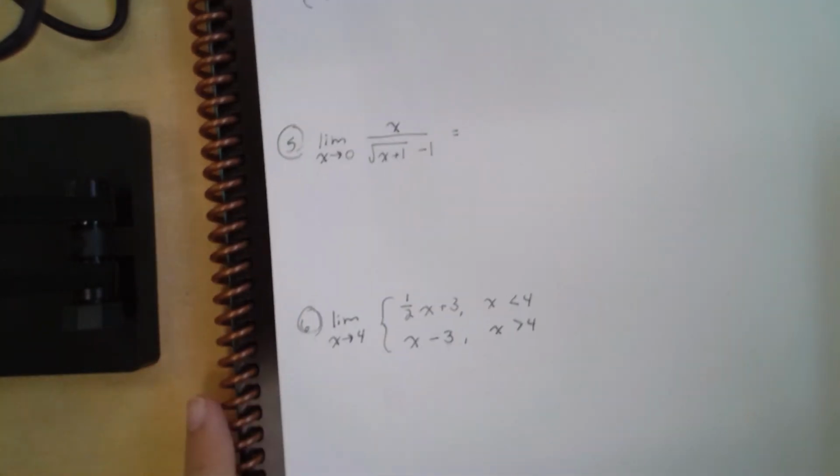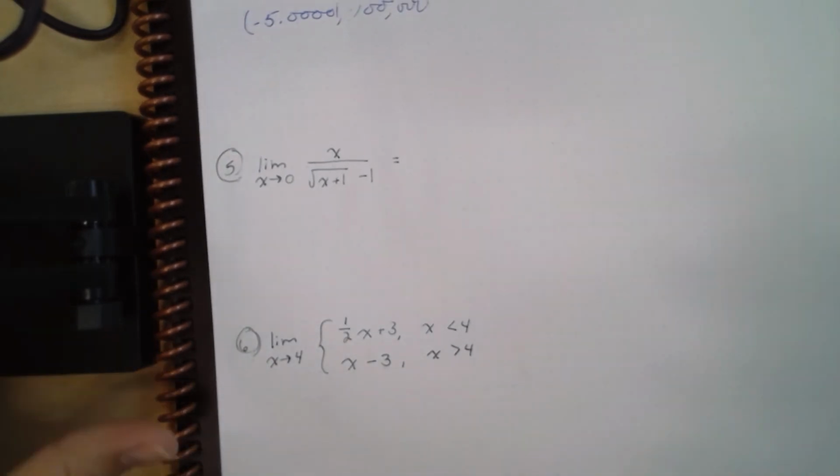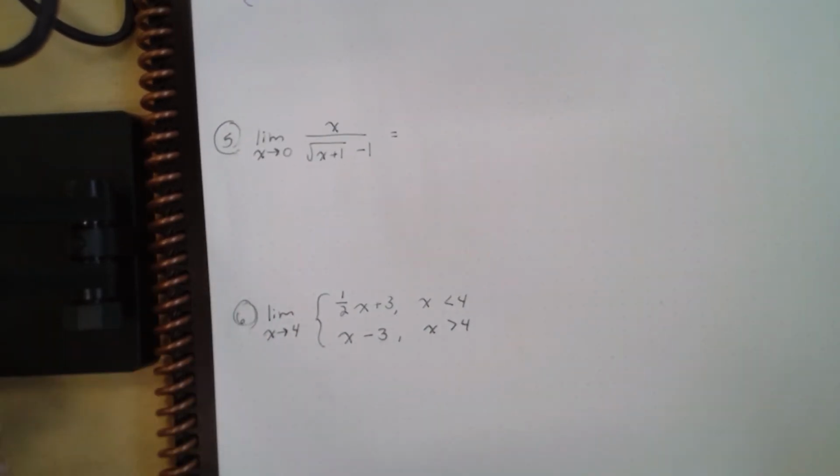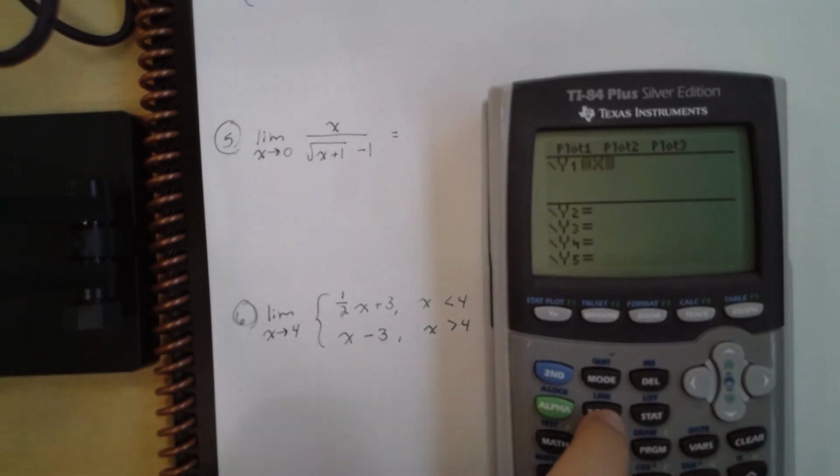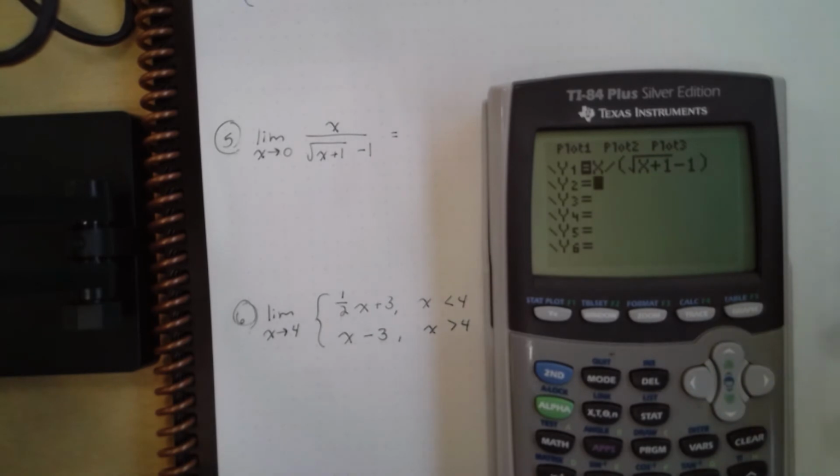Let's look at number 5 here. The limit of x over the square root, let's take our calculator here. So we have x divided by parentheses, second square root of x plus 1, and then we're outside of the parentheses. Make sure you've got that in there correctly, minus 1. And we can graph this.